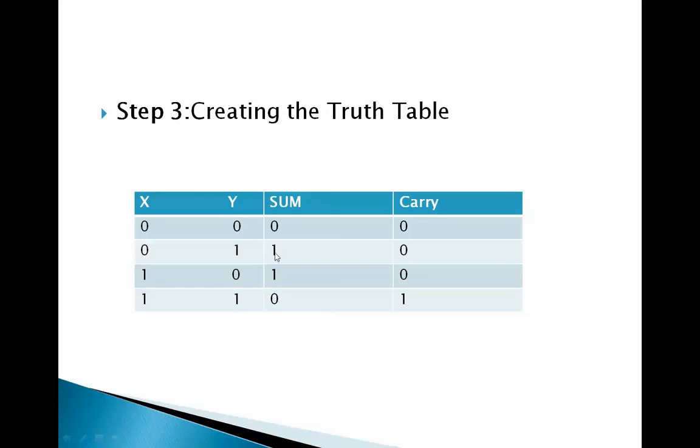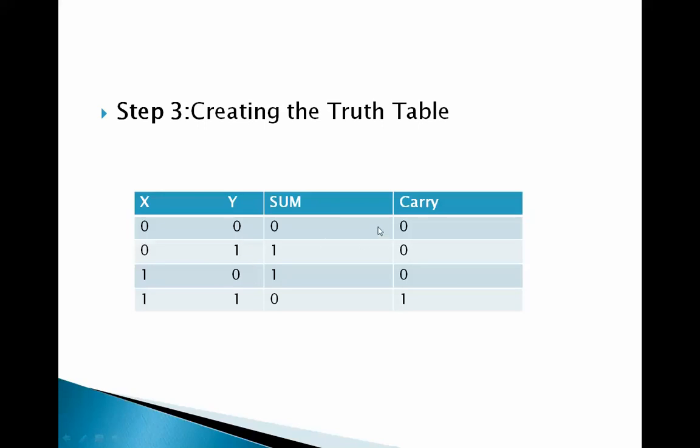See, in sum, we are getting an output as 1 in these combinations when we are having bits of opposite sign. That means here x is 0 and y is 1, we are getting an output as 1. And when we are having x as 1 and y as 0, we are getting an output as 1. That means when the bits are of opposite sign, we are getting the output as 1, otherwise it is 0.